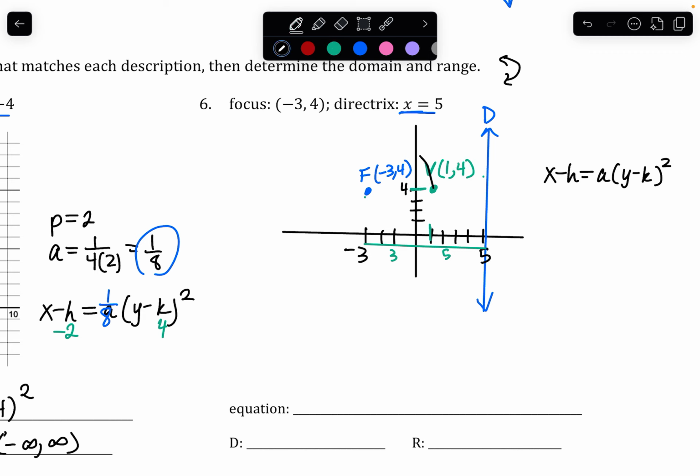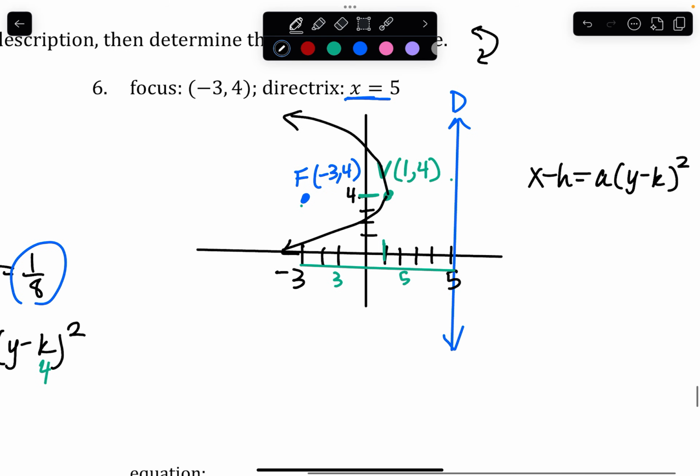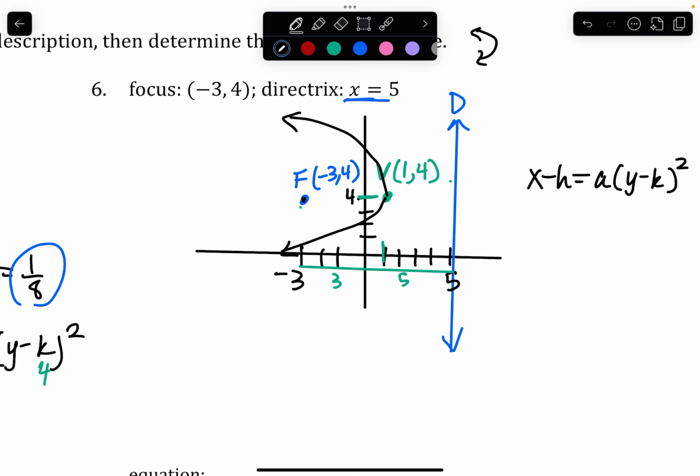Okay, and that's all we need to be able to write our equation, except the p-value. Remember, it's always focusing on the focus, so facing the focus back to the directrix. This distance from -3 to 1 is backwards, so p equals -4, going from 1 to -3.